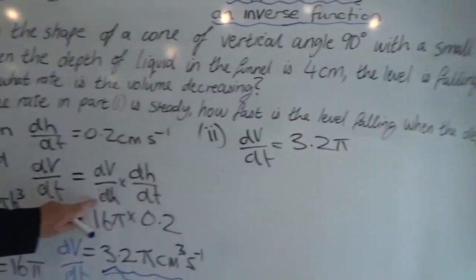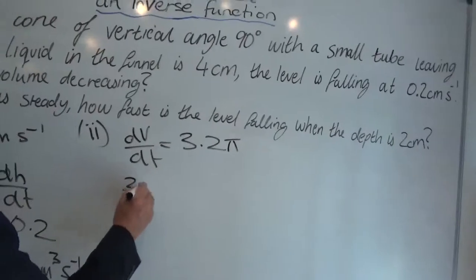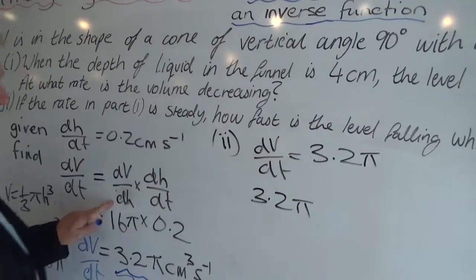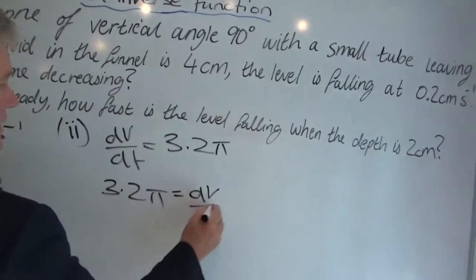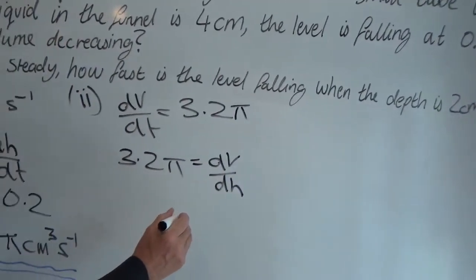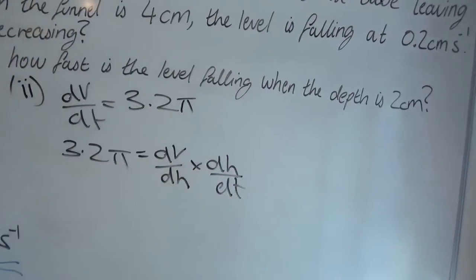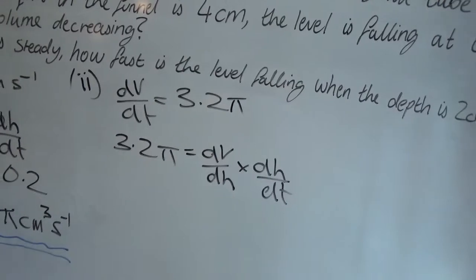So dV/dt we want, so 3.2 pi, substituting in here, equals dV/dH times dH/dt. It's dH/dt that we want, the rate that the level is falling.